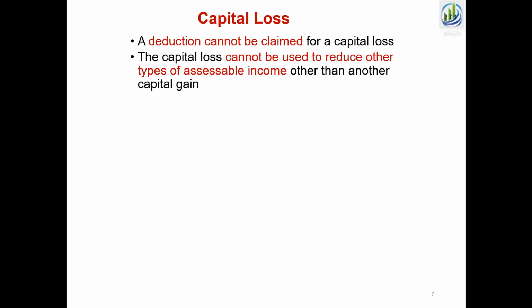The first property, how much gain? $200,000. So this $50,000 capital loss, you can offset against your $200,000 capital gain. In that case, your capital gain is now $150,000. Everybody clear now? So what we are doing, if you make a capital loss, you can offset against other capital gains that you are making.